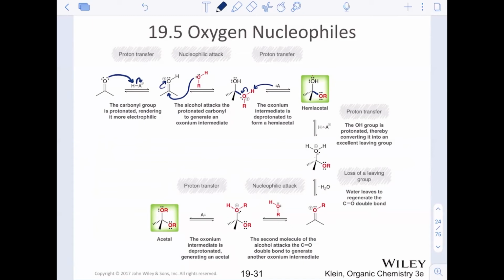Now, it's very difficult to isolate a hemiacetal. There's only a few situations when we can, and we'll talk about that towards the end of our discussion. But what we really want to do is continue on and keep reacting. Now we protonate the oxygen of the carbonyl.